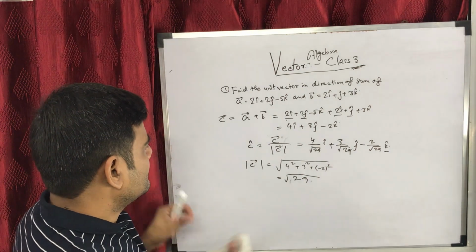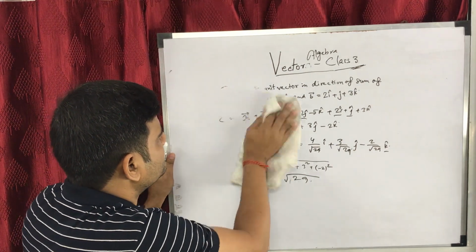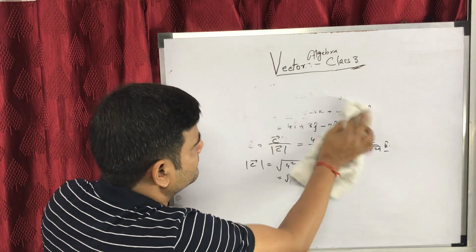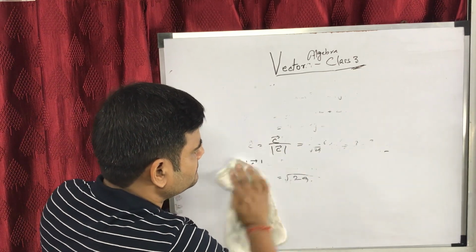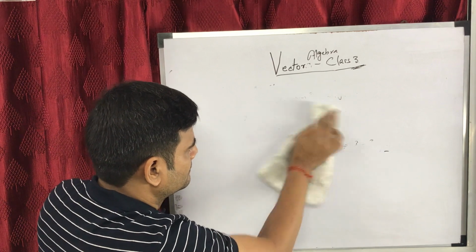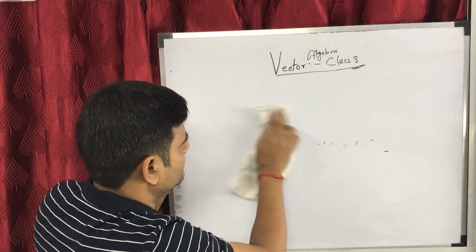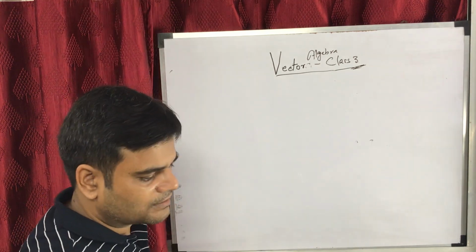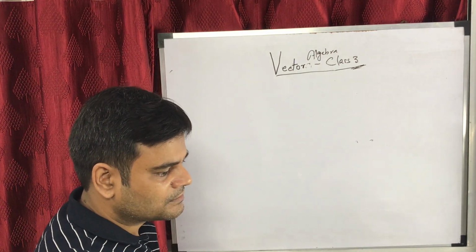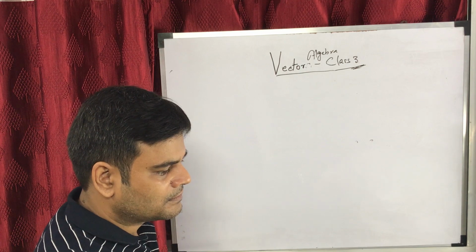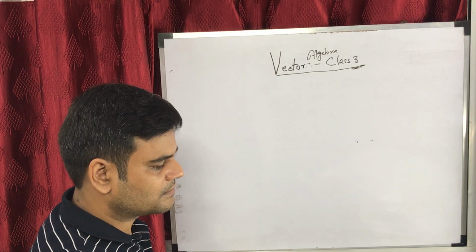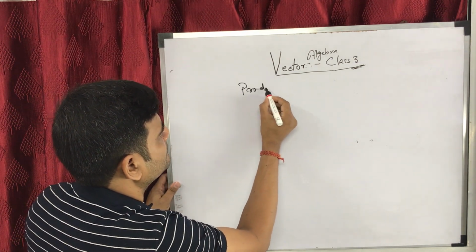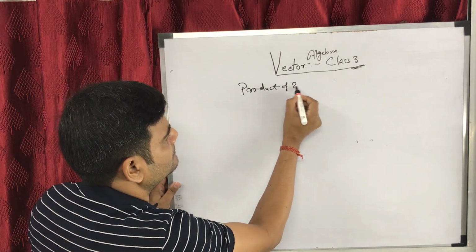We'll start with scalar product today. That's the topic of discussion. What is scalar product? You must have heard of it, read of it. First of all, there are two types of product of two vectors.